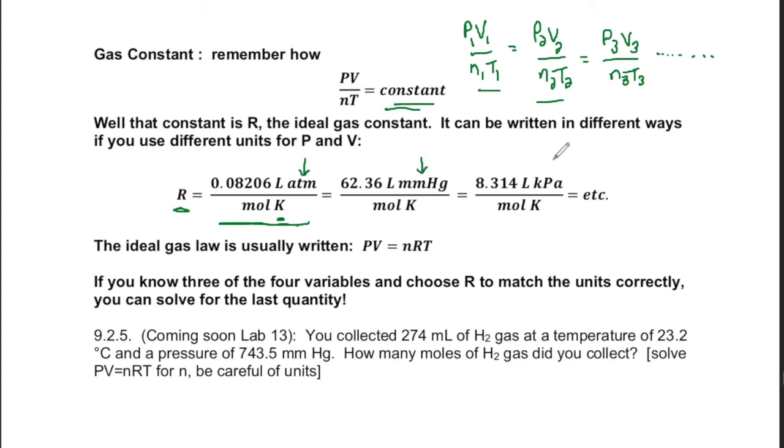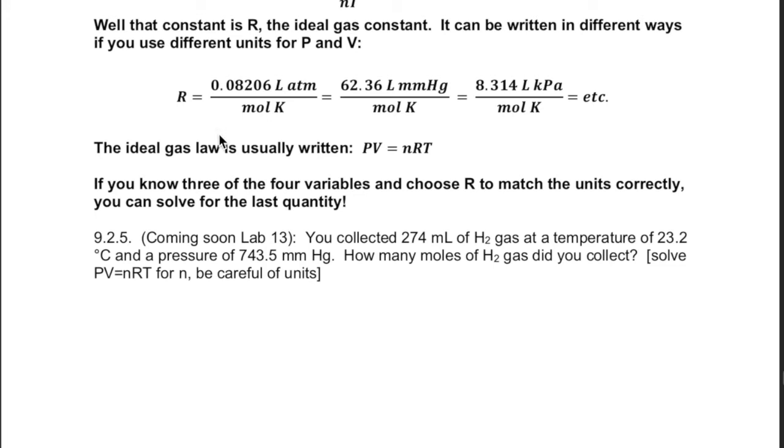There's a different one. We're going to be using this a little bit later on in the chapter because this kilopascals is the SI unit, so it helps to relate the pressure to metric units like newtons and meters and kilograms. So this one is really useful also.